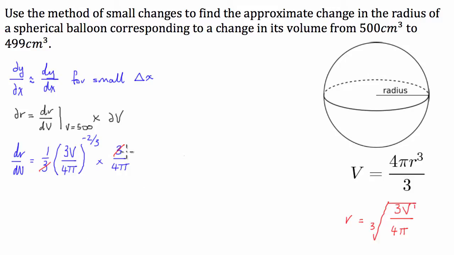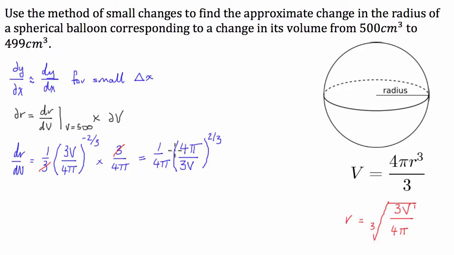So this is going to be equal to 1 over 4 pi times 4 pi divided by 3v to the power of 2/3, not negative anymore because we've taken the reciprocal of the inside, and we can now use this formula to calculate our incremental change in radius.